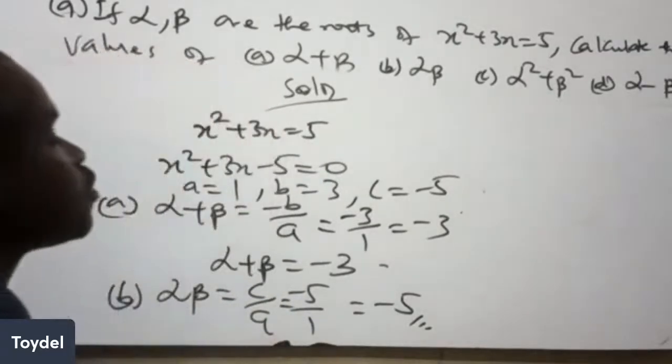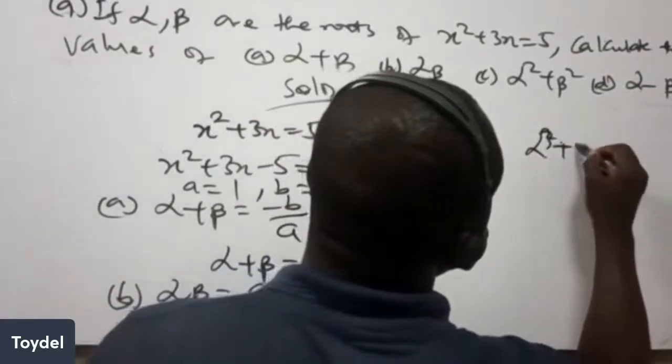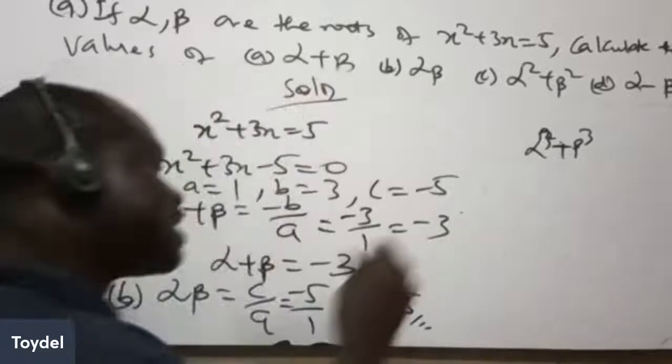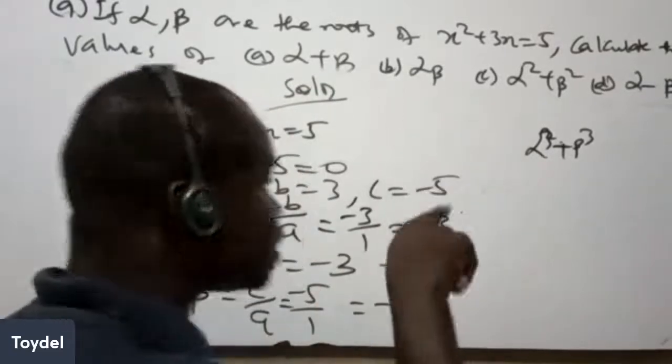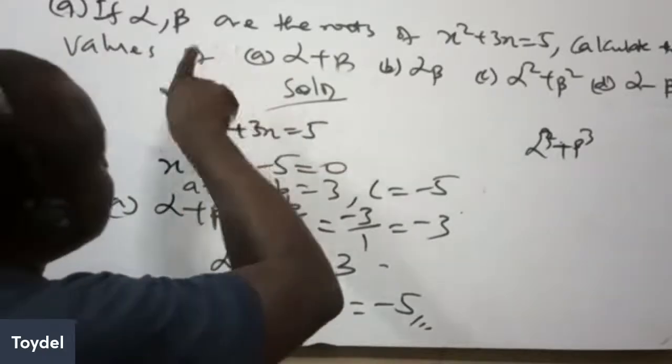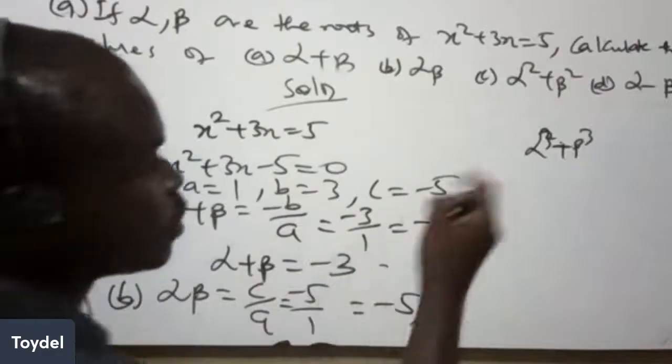Then irrespective of what we are asked to find, like alpha square, you can even be asked to find alpha cube plus beta cube. You must rewrite everything in form of sum and product. Whatever you are asked to find, in this case now, you have to rewrite this in form of sum and product to be able to get the answer.